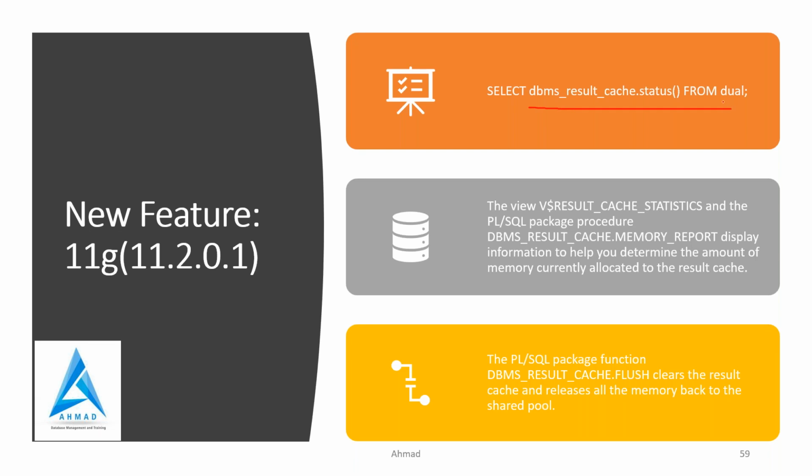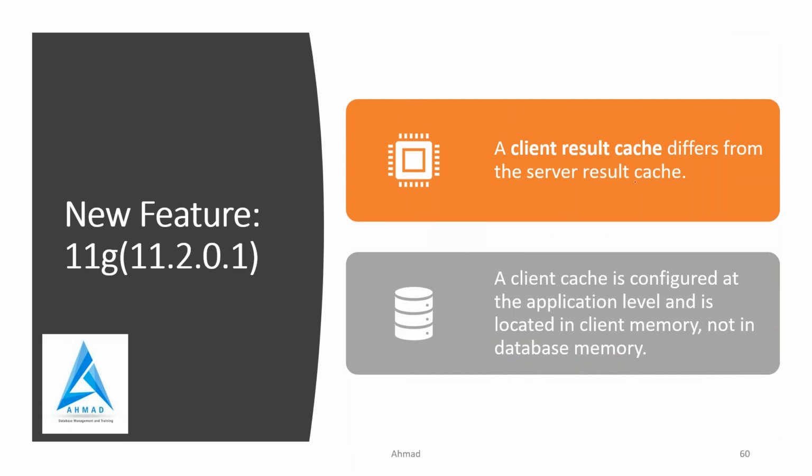DBMS_RESULT_CACHE is the package, and STATUS is the function by which you will get the value. And we have the view V$RESULT_CACHE_STATISTICS, and we have DBMS_RESULT_CACHE.MEMORY_REPORT. Those two things will give you the report of the result cache. And if you want to flush it, you have DBMS_RESULT_CACHE.FLUSH, which clears the result cache and releases all the memory back to the shared pool, because it is created inside the shared pool.